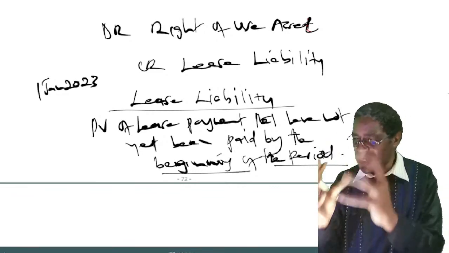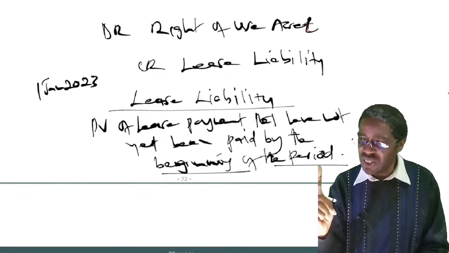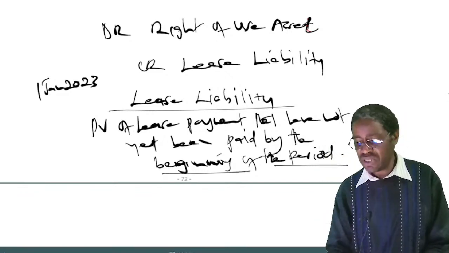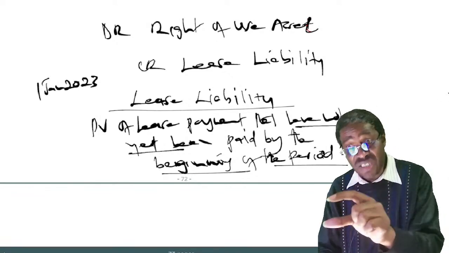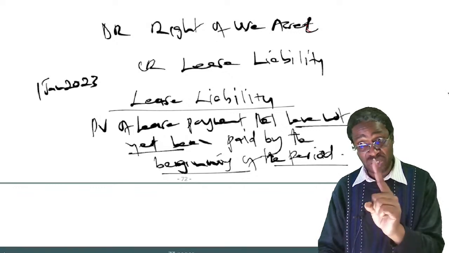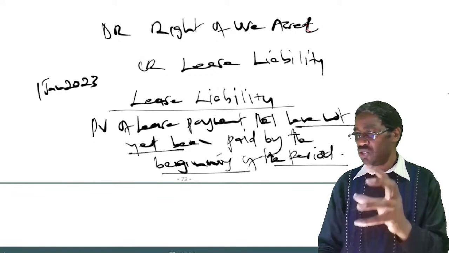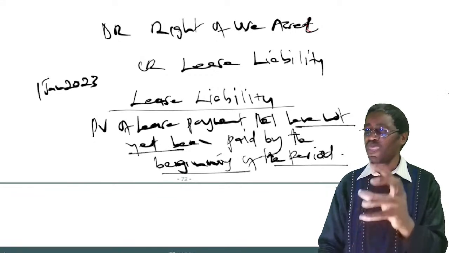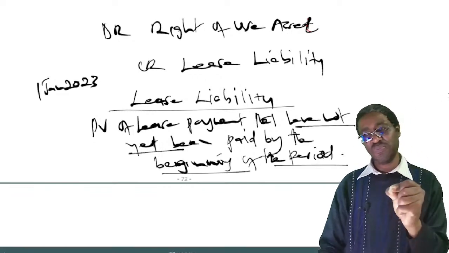You get the present value of the lease payments that have not yet been paid by the beginning of the lease period. Are you there? Very important. How to determine the lease liability. You get the present value of the lease payments that have not yet been paid.